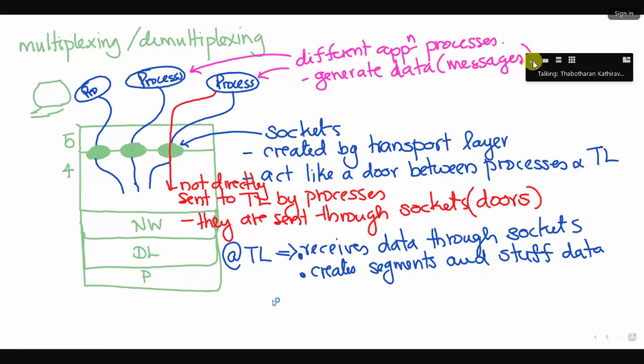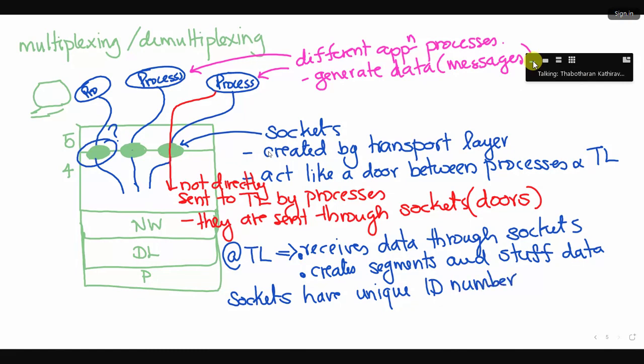We saw this diagram earlier also, so I'm not drawing it. When it stuffs data, there is a need: how does it identify this socket? That is why, in the last class, we saw that sockets have a unique ID number.